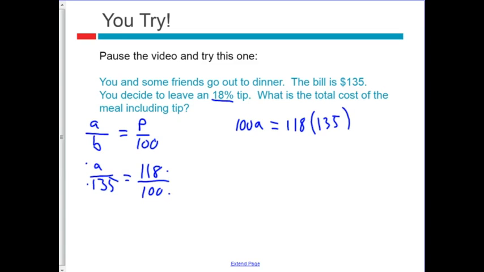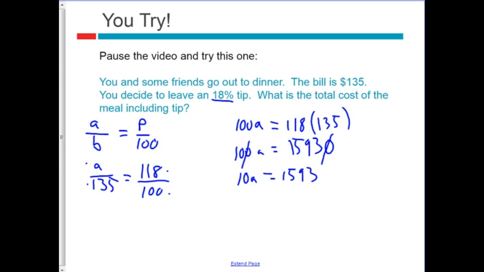Well, if you set up 118 times 135, you should get 15,930 if you do that arithmetic out. So 100A equals 15,930. You've got a 0 over here. Basically, I'm dividing both sides by 10 when I do that. And I get 10A equals 1593.